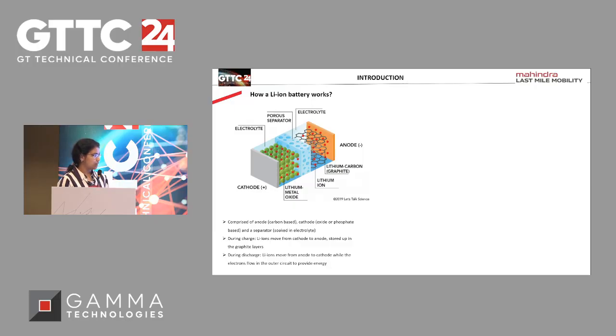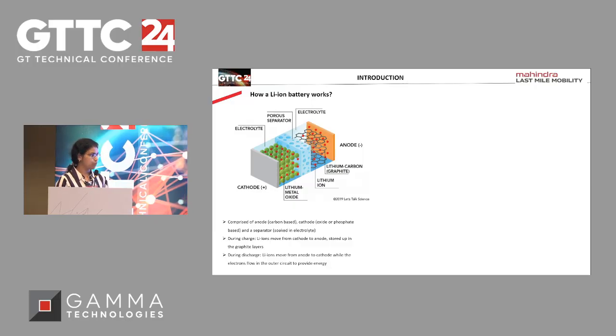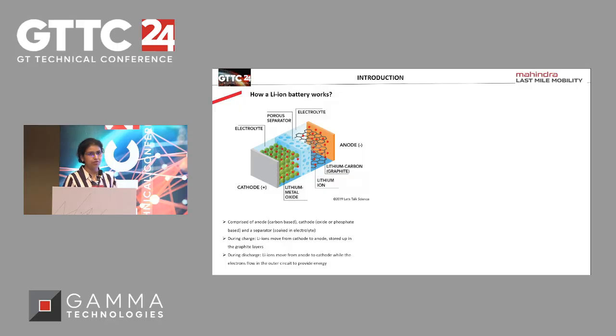We have our products already running in the market for the last few years, and they are also EV based products, and they are performing well, and there is good customer appreciation from them.